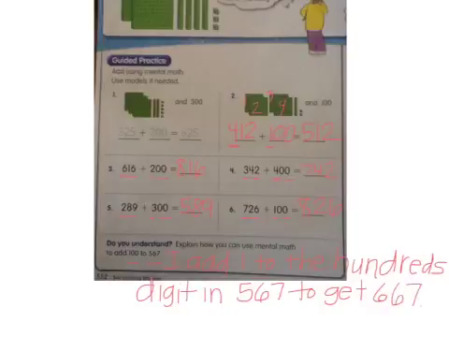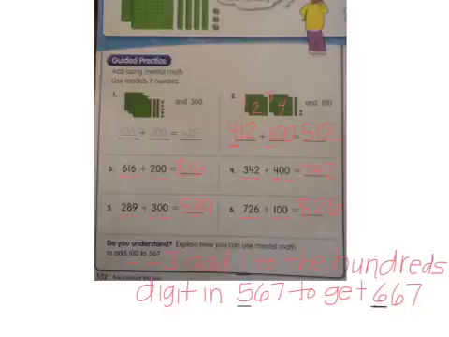Okay, so again, what we were saying is we added a 1 to this 5 to get 6 for 667. Okay, when you are ready, let's take a look at independent practice.